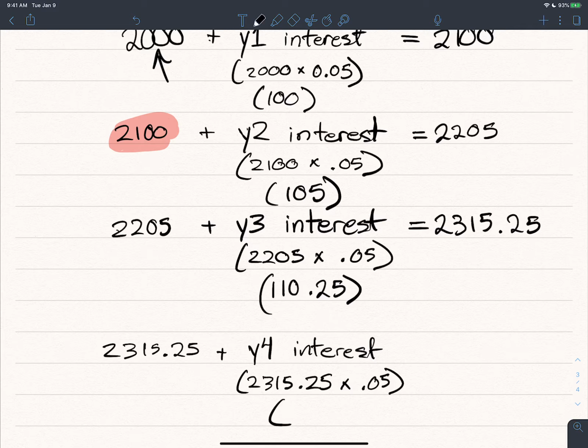Times 0.05. Yep, 115.76. $115.76, and believe you want every single penny. So you said 75 cents. Nah, you want your extra penny because loan sharks. Nah, I said 76. You said 76? Okay. True.